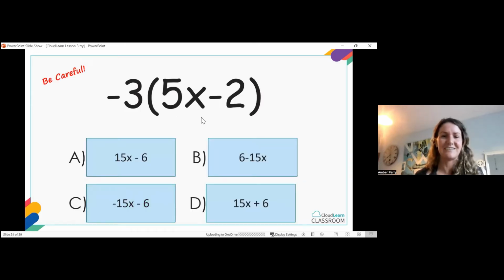So correct, well done. Right, this one is a little bit different. I want you to be careful about your negatives. I might have to just give you a bit longer to think about this one. Okay.